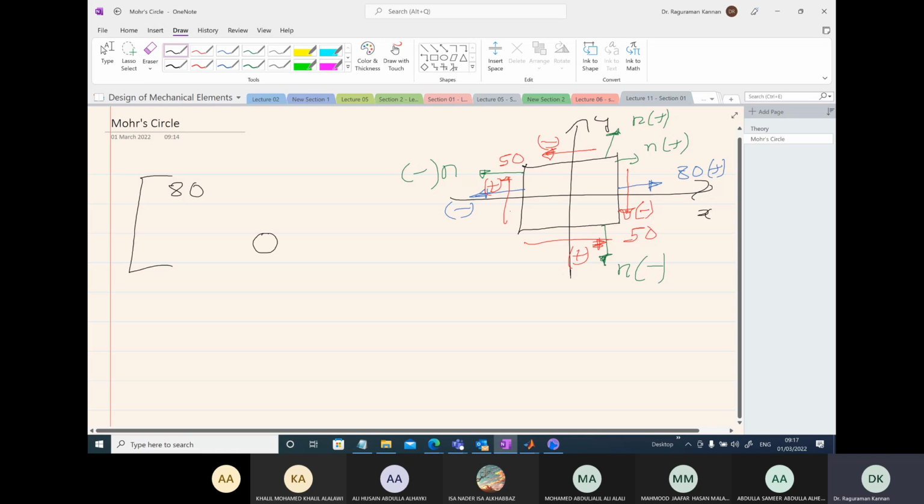Very good. Tau xy, positive or negative? And what is the value? Negative 50. Very good. So this is very important. When you write the stress matrix from the stress element, you have to obtain it with the correct signs. After you get this, then you can proceed with the solution.